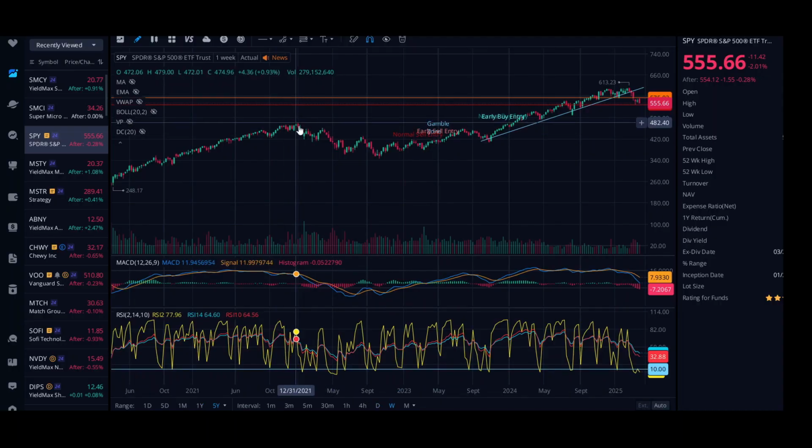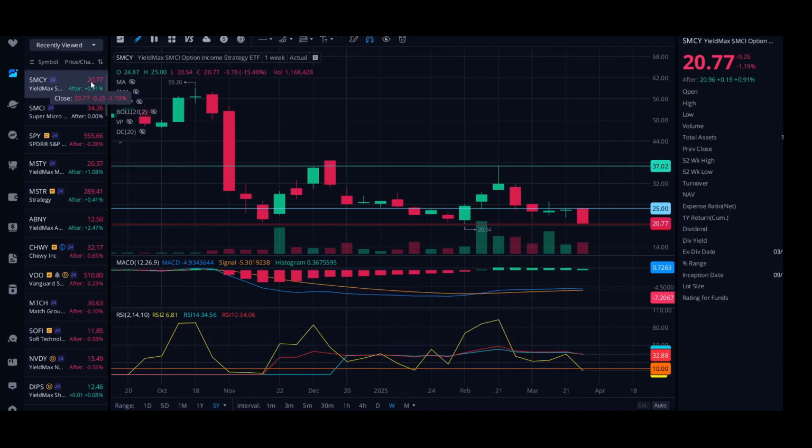It got to around 480, and then it dropped all the way down to 342. So there are times where you do have to ride out that low end, but look at it now. It went as high as 613, and we're sitting at 555. If you draw a line from the start to the end, that's an upward moving slope. So overall, it should go up over time for the S&P 500.